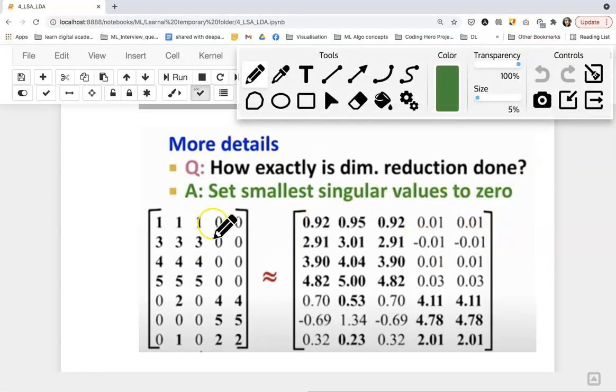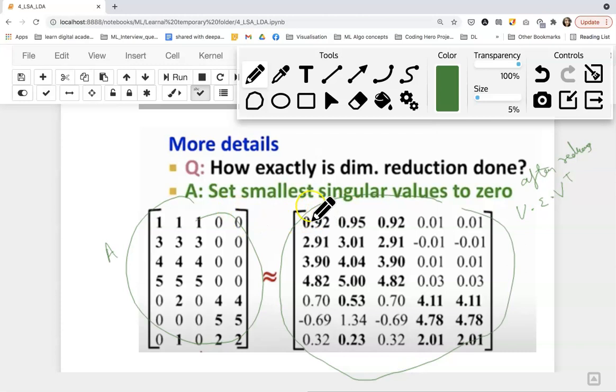We can see that the matrix we get is approximately equal to the matrix A. This is the multiplication of U, sigma and VT after reducing the dimensions, after removing those rows and columns corresponding to the concept which had very little strength. We can see this is approximately equal to this matrix, because 0.92 is quite close to 1, and 0.95 is also quite close to 1. So they are approximately equal.